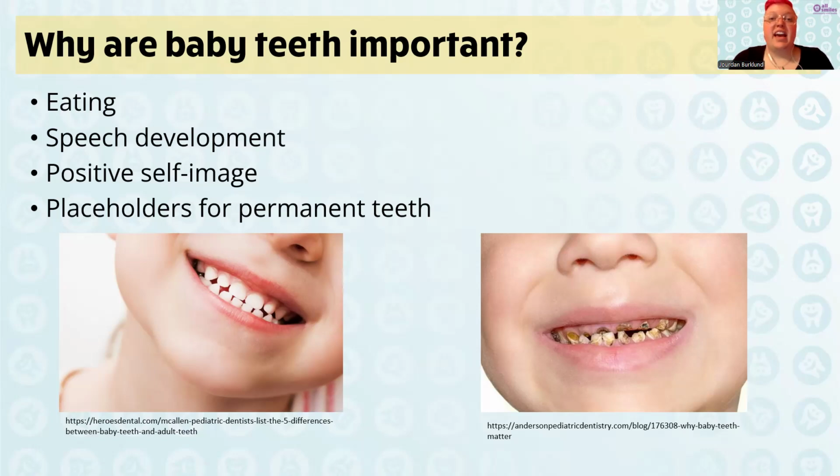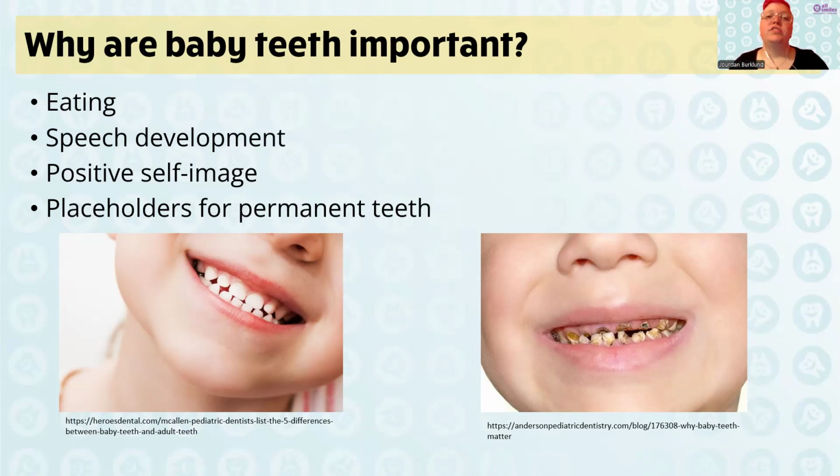Another thing is it impacts their positive self-image. If they have broken teeth, chipped teeth, discolored teeth, missing teeth, it can really affect them, which can cause them to have issues when it comes to going to school, interacting with other kids, with adults, with anybody. So it can affect their image. And lastly on my list is they are placeholders for permanent teeth.